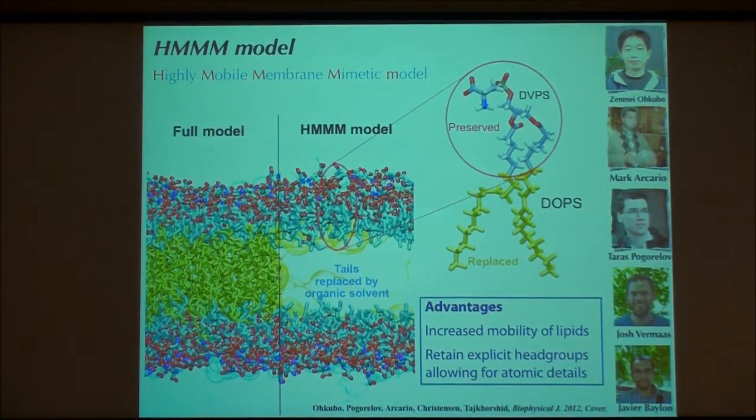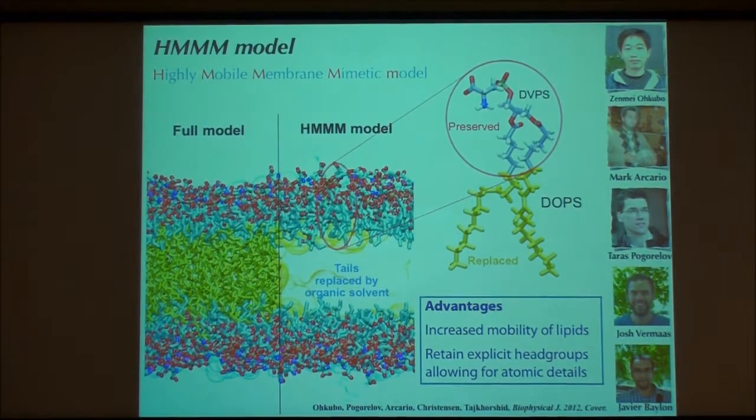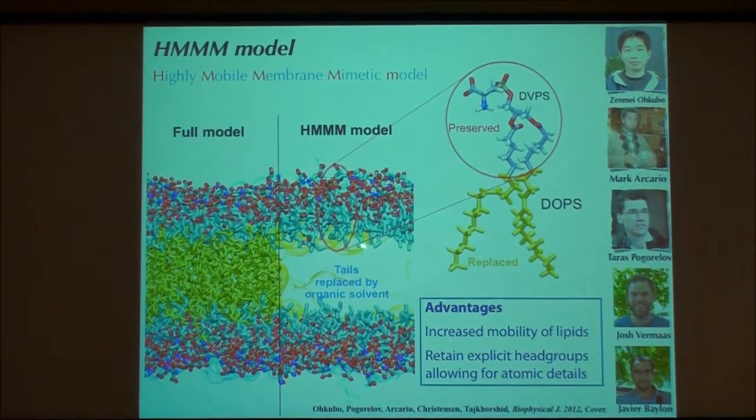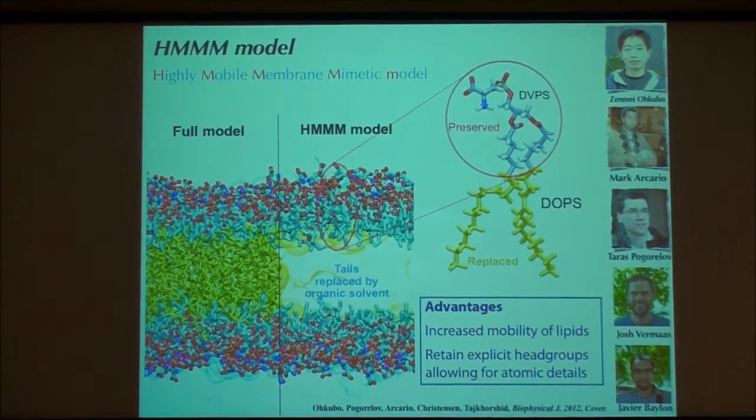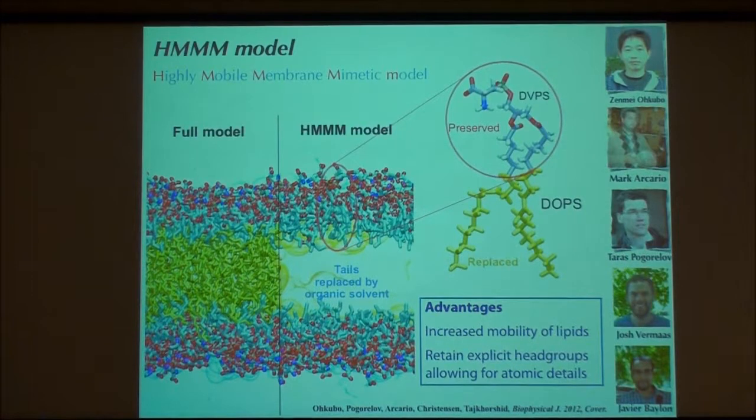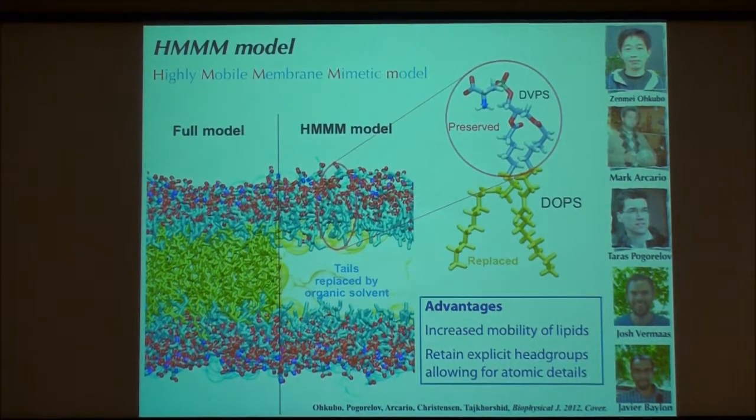So then we came up with this idea that, okay, instead of coarse-graining the whole lipid, in which case you lose the atomistic details, why not go in and liquify the core of the bilayer? The core of the bilayer, as far as interaction is concerned, is just a bunch of hydrophobic molecules, right?